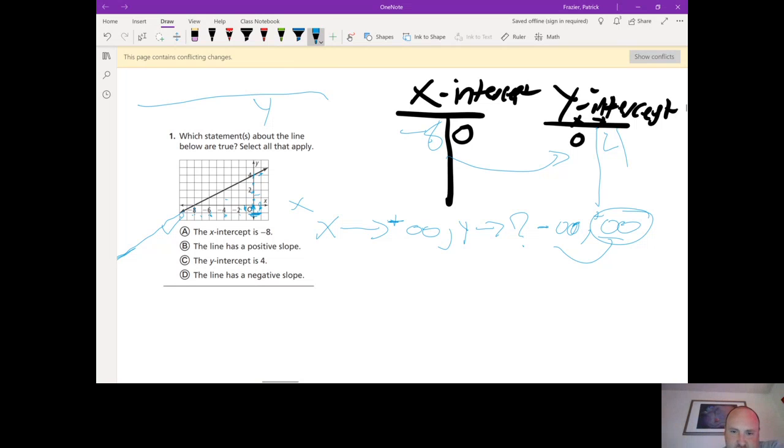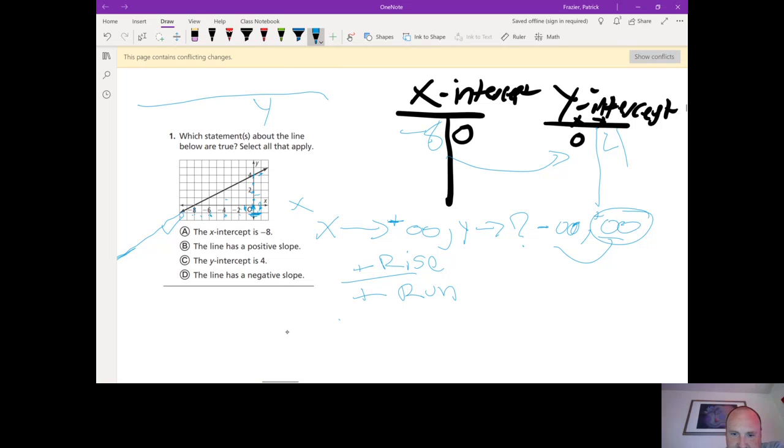As x increases, y increases. So we would have a positive divided by a positive: rise, which is the y, over run, which is the x.